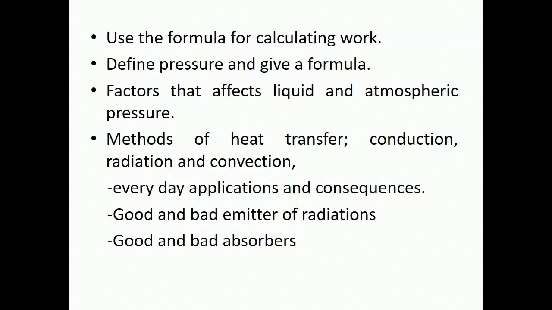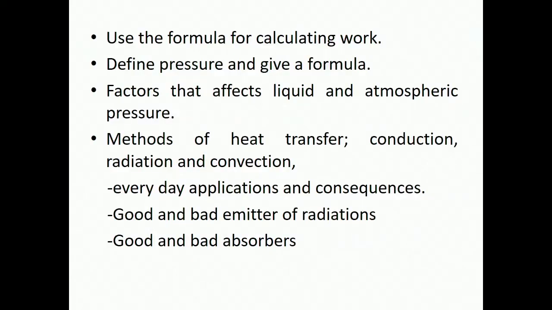Again, under the methods of heat transfer, we should be able to describe good and bad emitters of heat radiation. This has to do with the colors, which can give out heat energy most and which can give out heat energy the least. Then be able to describe the surfaces which are good and bad absorbers of heat radiation.